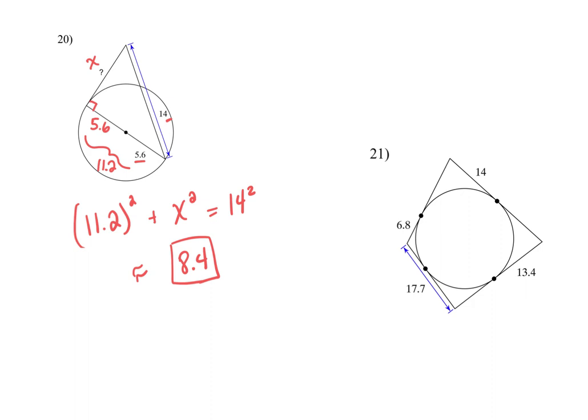Next one uses the information that we know that two tangents that intersect outside the circle are the same distance away from your circle itself. And so for this, they want the perimeter. So if you know that this is 14, then this piece is 14. If you know that this is 13.4, then you know this is 13.4.